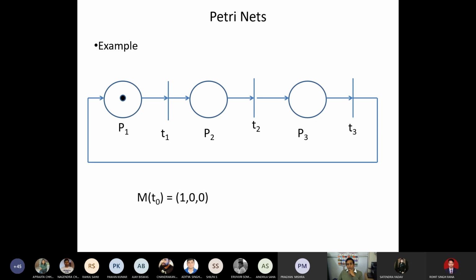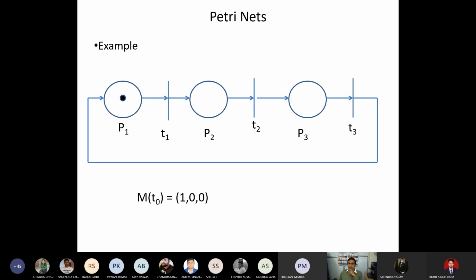I told you that unless the input place to the transition T1 has at least one token, it will not fire.